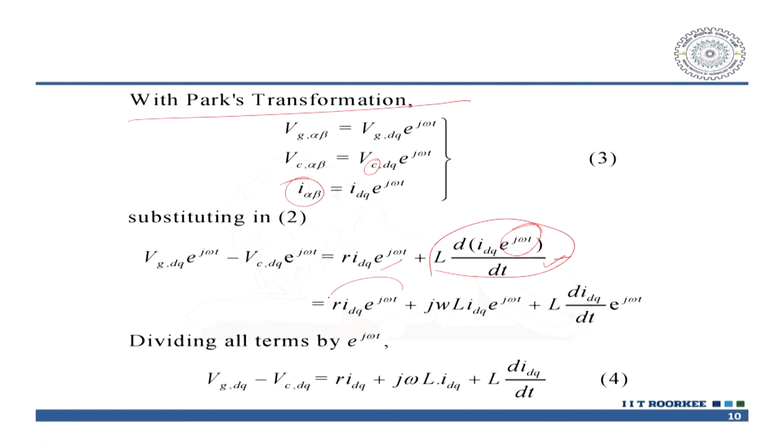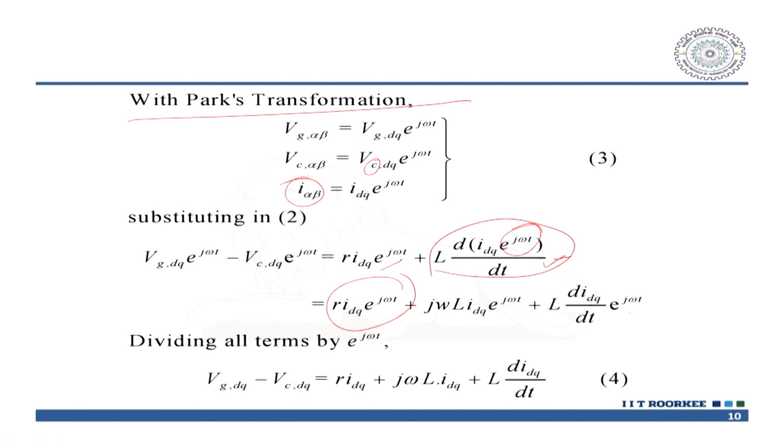I have been asked several times by the students, sir, once you are operating in a dq frame, how are these parameters preserved, because it looks like DC. But you note that these quantities are essentially time dependent. So, differentiation exists. So, R I dq e to the power j omega t plus j omega L I dq e to the power j omega t plus L d I dq/dt e to the power j omega t.